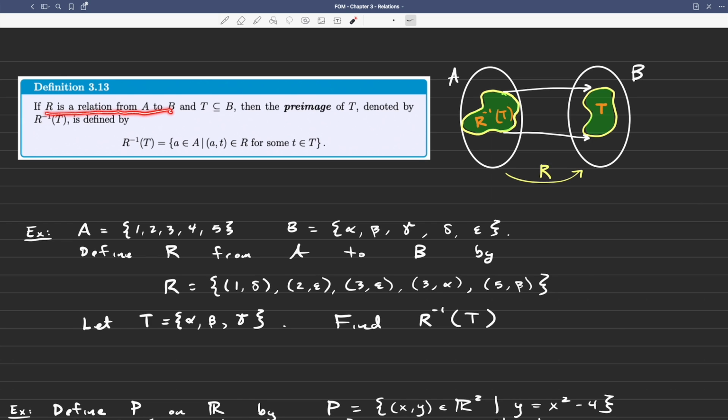We have a relation from A to B, but this time we have T, a set T that's a subset of the second set B. So we're starting with second components, because that's what the set B is, right? The set B is sort of where the second components of the relation live. So we're starting with some second components called T, and then the preimage of T are just those first components in A that get paired up with those elements that are in T.